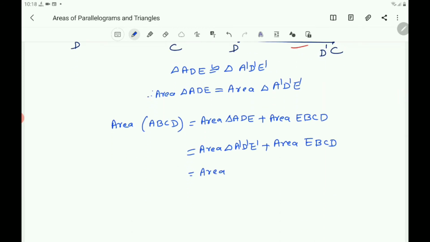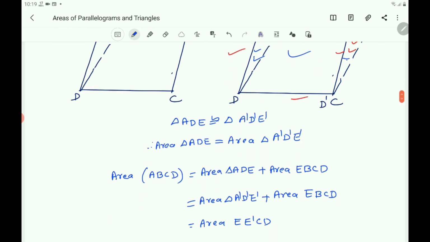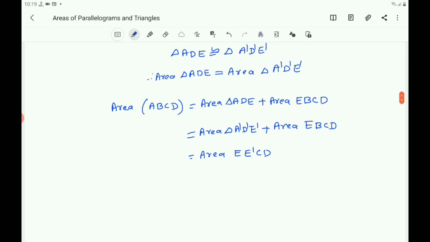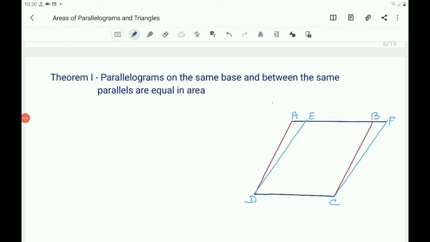Area of EE'CD. Therefore, the two parallelograms are equal in area. So you got the result that parallelograms on the same base and between the same parallels are equal in area.